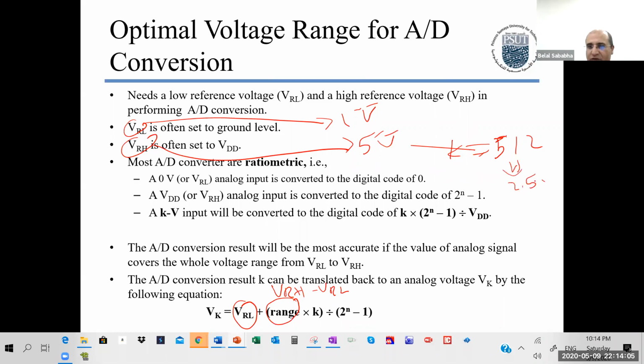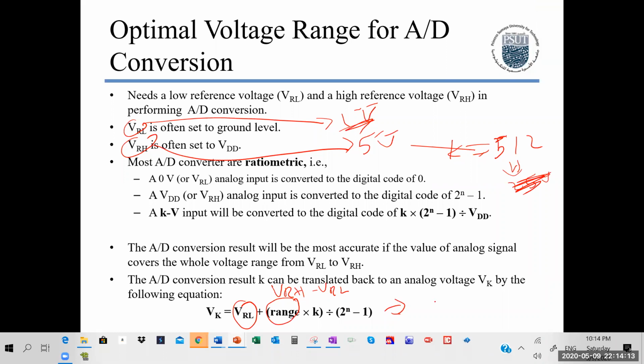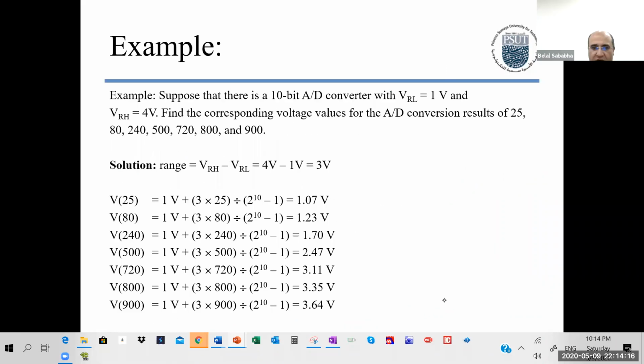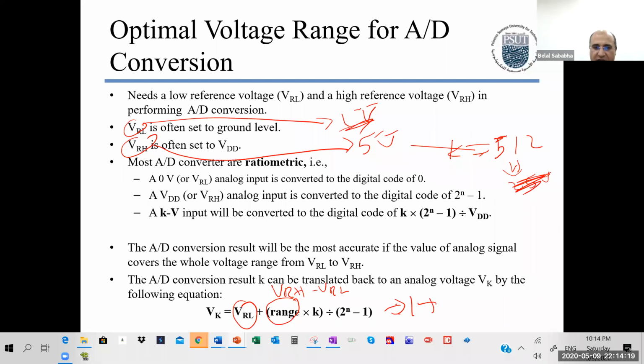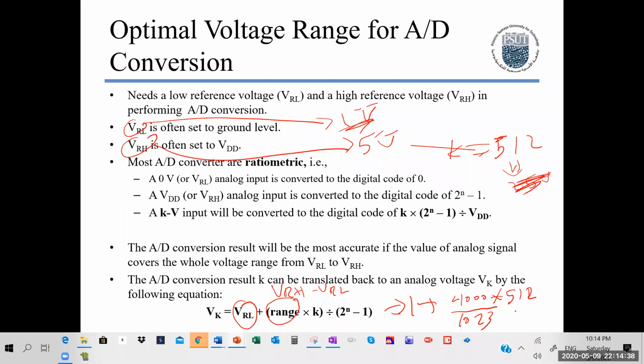When this was 0, you know that 512 translated into 2.5 volts صح؟ بس لما صارت هاي 1 how does it translate into؟ بتصير 1000 voltage reference low 1 plus شو اللي صار؟ 1 plus range 5 ناقص 1 4 صح؟ اللي هي 4000 ملي فولت times 512 over what? 2 اللي هي 1023 and you compute it. 1000 مش 1؟ 1000 yes, 1000 millivolts, yes.